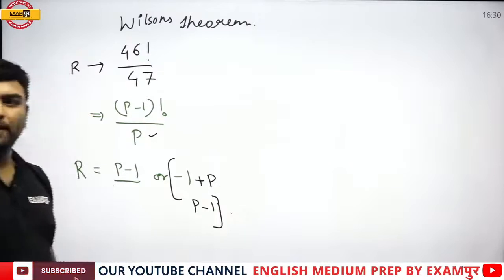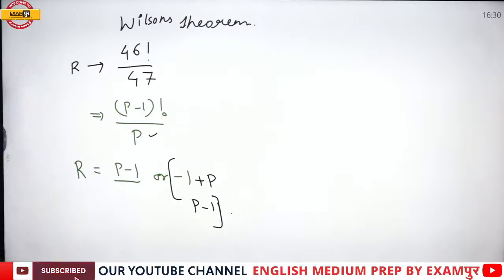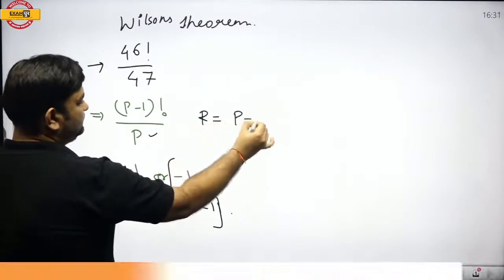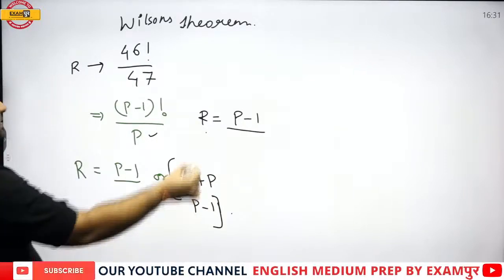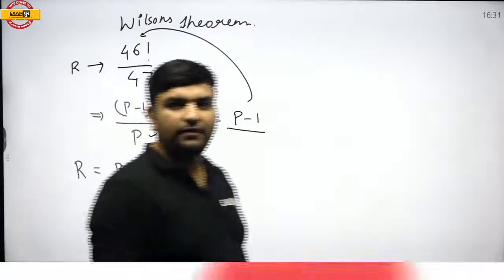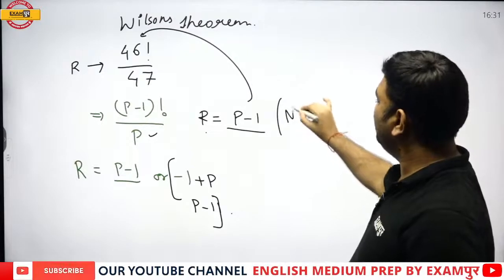Clear? So the remainder is p minus 1, that is the numerator itself.